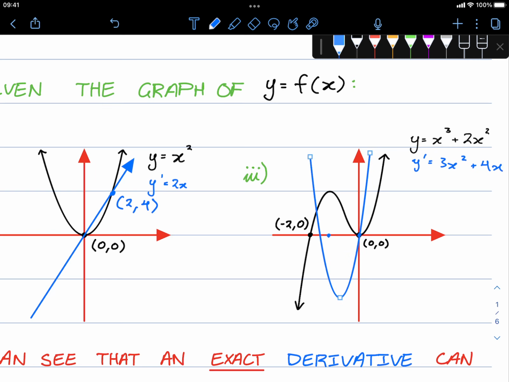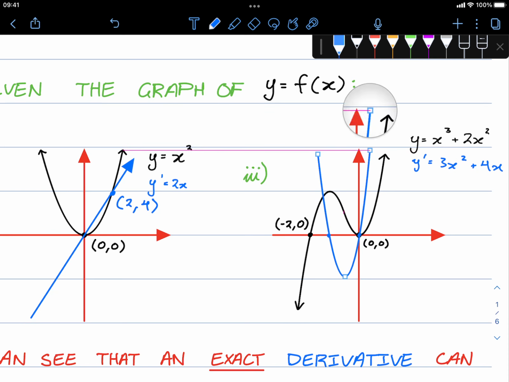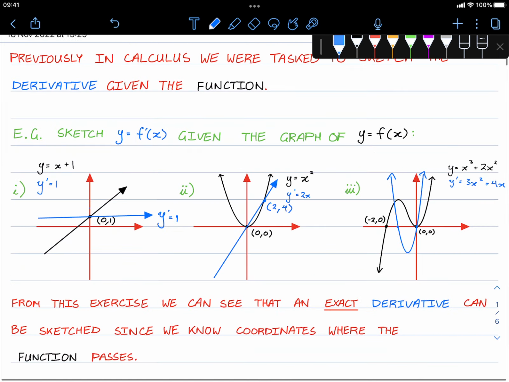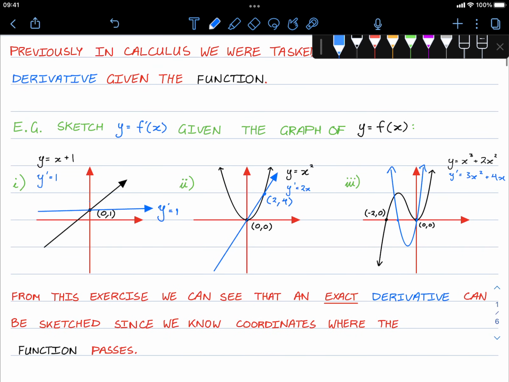It would be something like this. Obviously not exact, because that's not the point of this video. There we go. So we could find the exact sketch of the derivative. Okay, so we know this because we could figure out where the function passes through given coordinates.